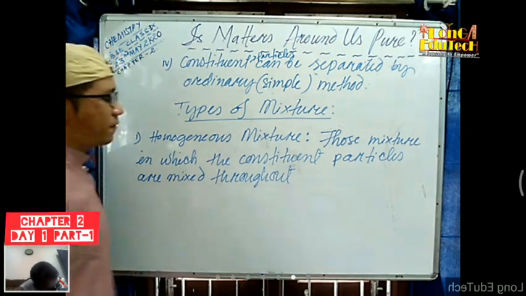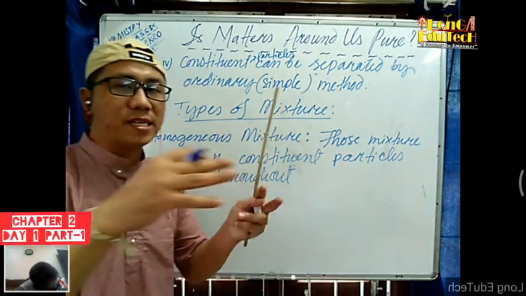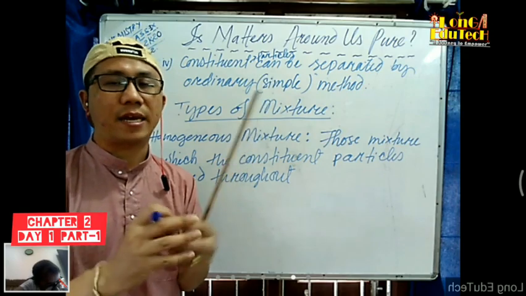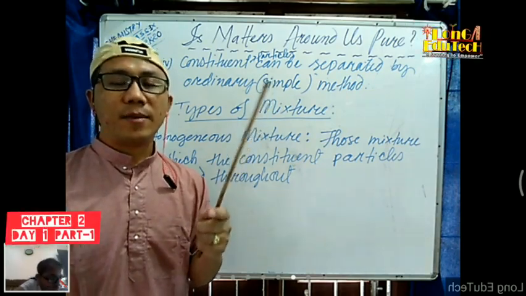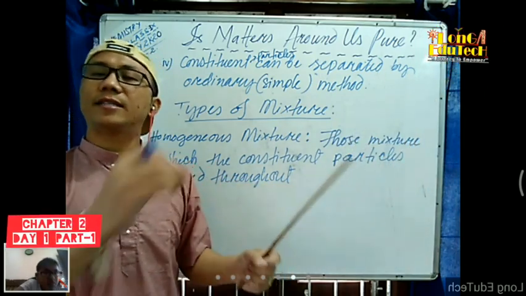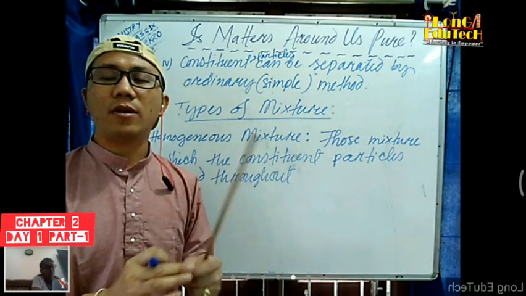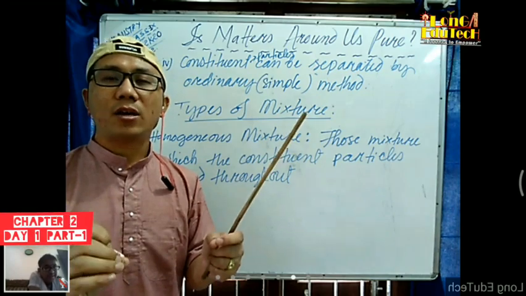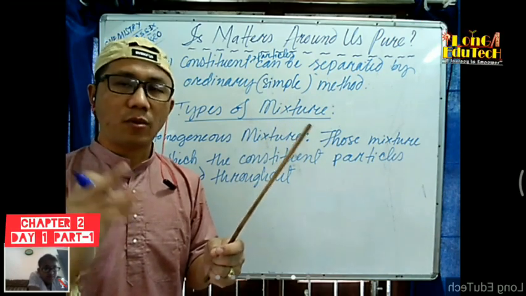Don't get confused about "throughout". That means they mix homogeneously with each other, and you will not be able to separate out and say this is salt or this is water. You will not be able to identify the two or more components.